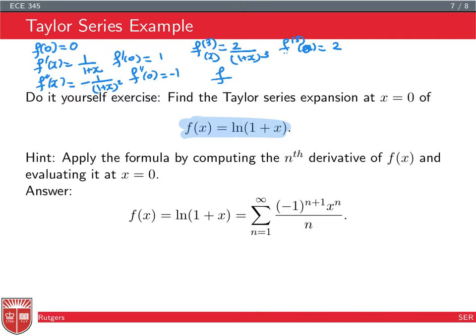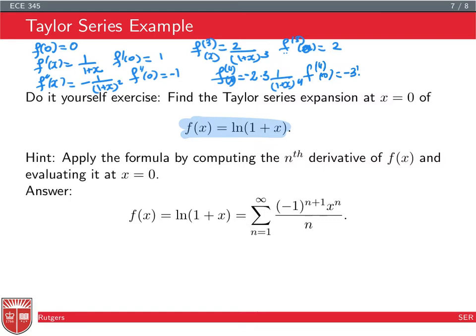No. Maybe if I do one more derivative, the fourth order derivative, you get 2 as a constant, with a negative sign, times 3, times 1 over 1 plus x to the 4. So f4 at 0 is minus 3 factorial.